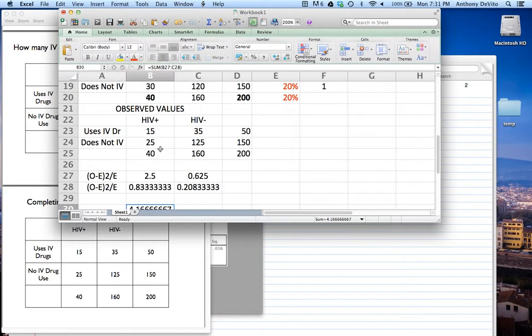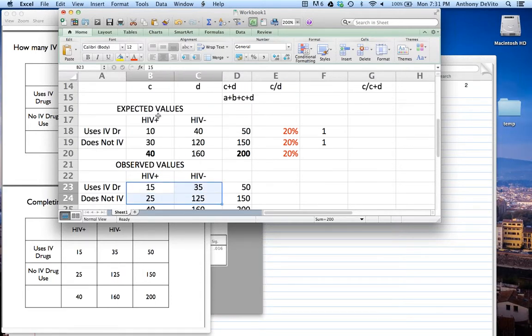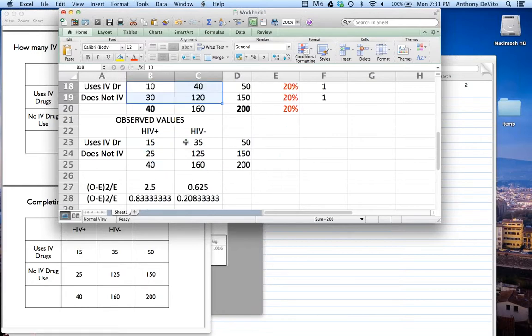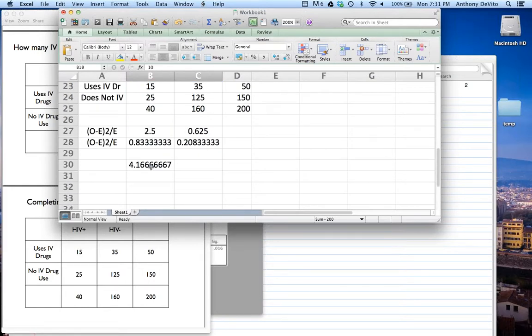Now, the more different my observed values are from my expected values, the more different I expect this number to be from 0. Normally, if they're exactly the same, the sum of all the differences would be 0.